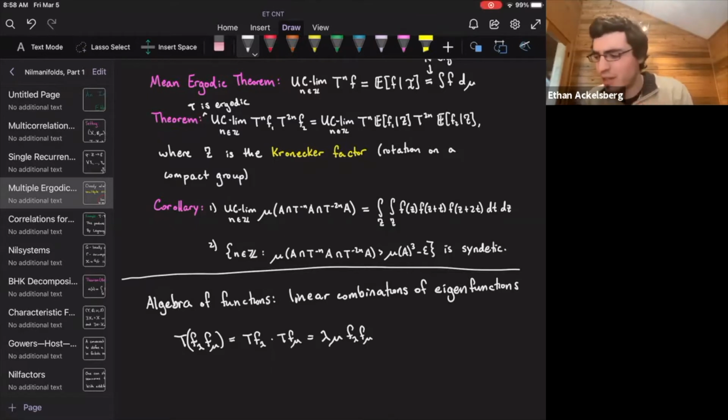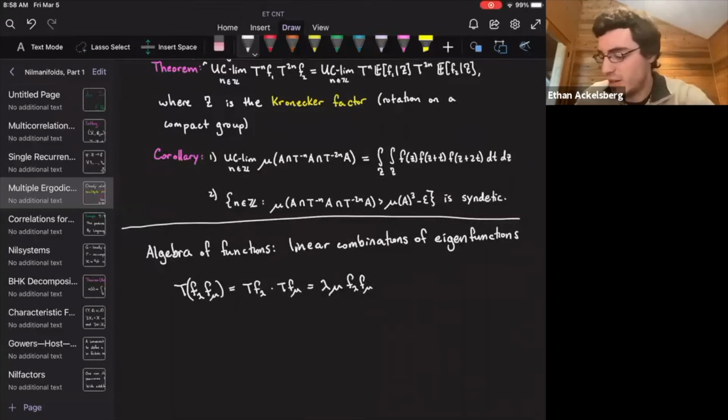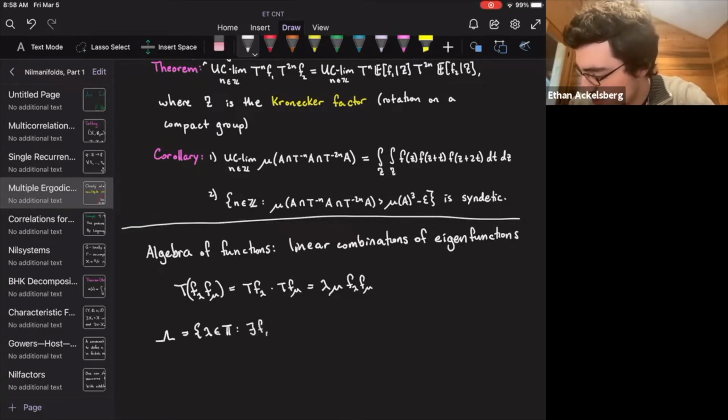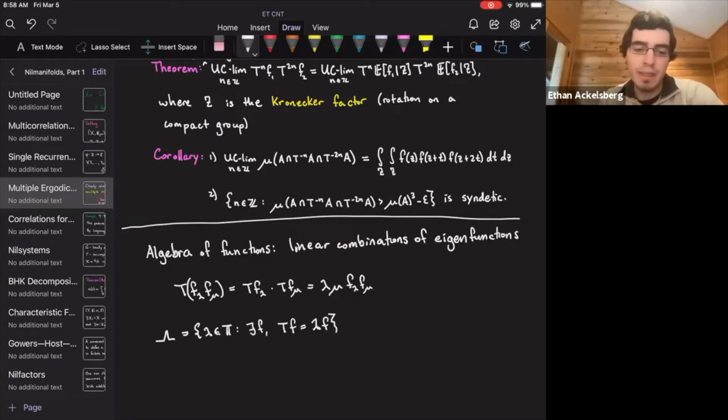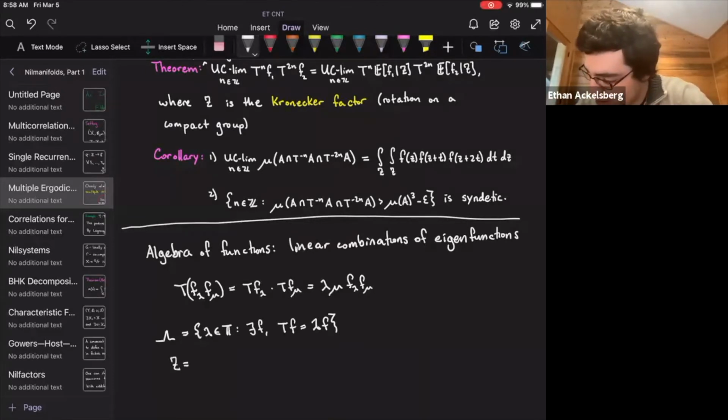So I'm claiming this is a rotation on a compact group. The way you can get that is if you take all of your, so maybe I'll take Lambda to be the set of eigenvalues, so there exists f with Tf equal to lambda f. This is going to give you a group. And if you treat it as a discrete group and then take its dual, this is actually going to give you the action on the compact group.